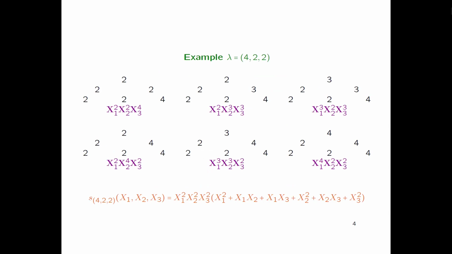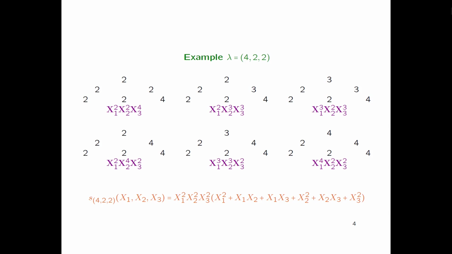And I want to compute with these Gelfand-Tsetlin patterns the Schur polynomial. And then you just need to list all Gelfand-Tsetlin patterns with bottom row 2, 2, 4. You need to compute the weight. So for instance, let's look at the second Gelfand-Tsetlin pattern. The x1 has an exponent 2, because there is a 2 in the first row.